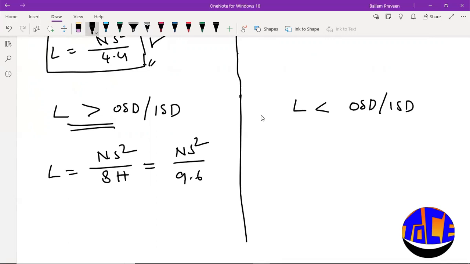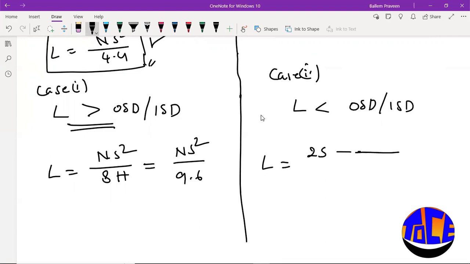Now tell me, how can this formula be written for case 2? If the assumed condition is not satisfied, then we'll go for case 2. For that, L is equal to 2S minus.